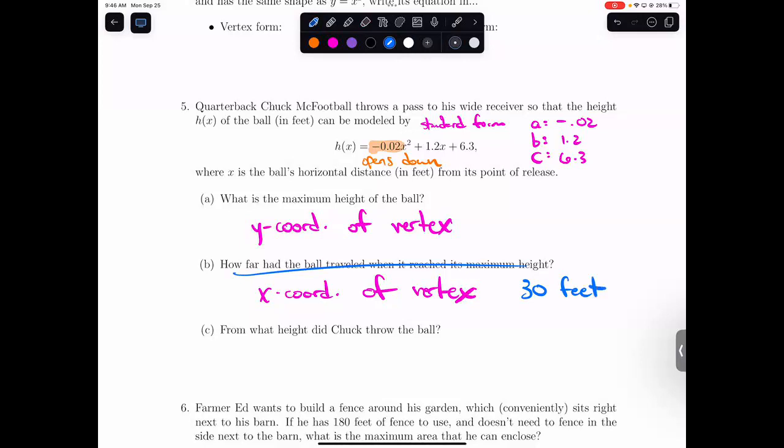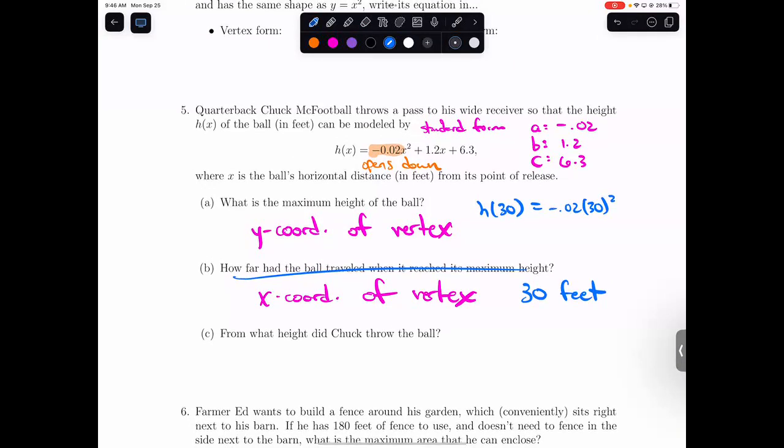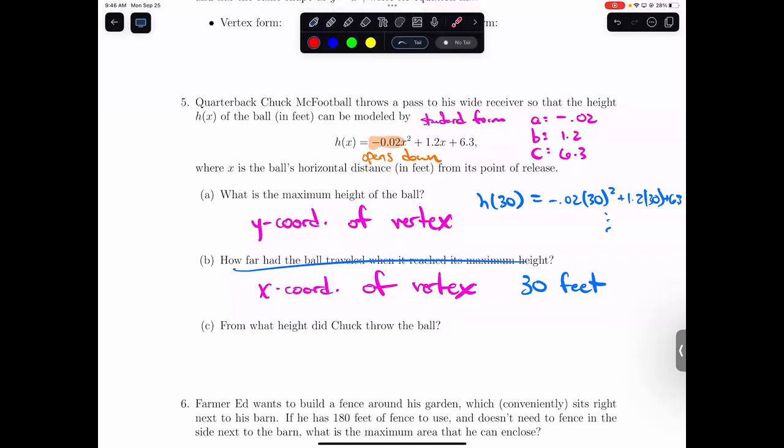Maximum height of the ball, plug in 30. Whatever that is.